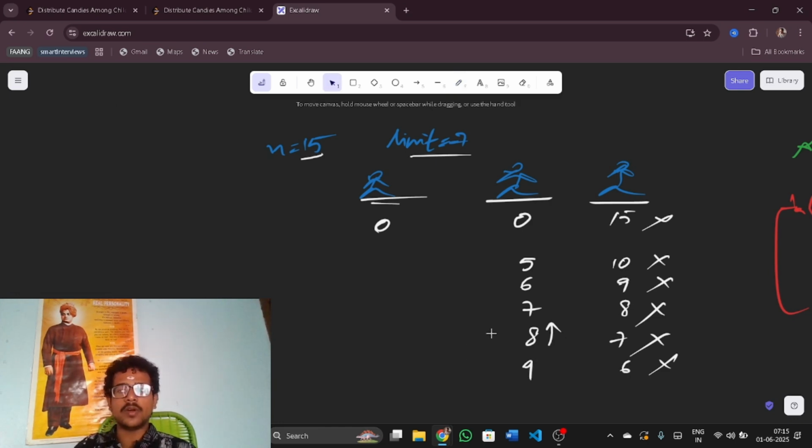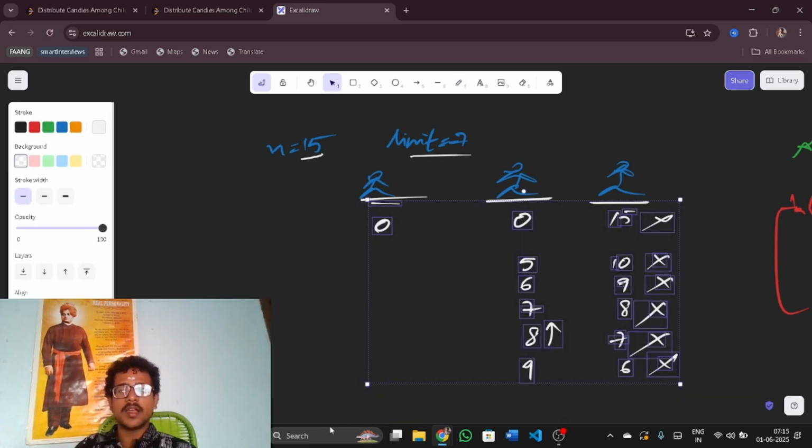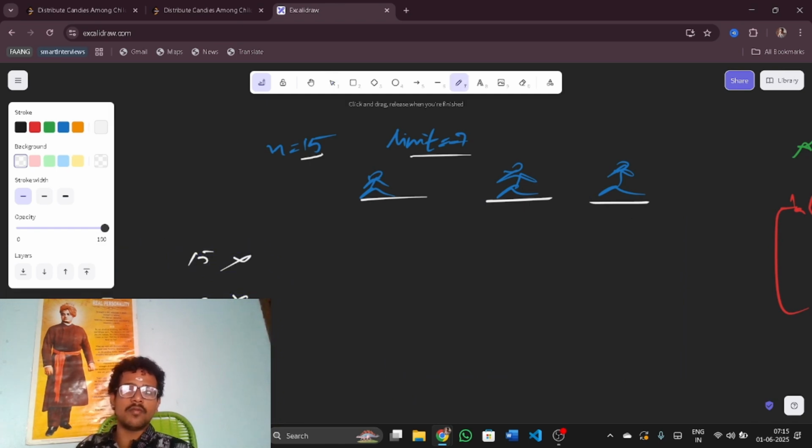Now what I'll do is remove this and start the iteration again with 1. Now if you see, with 1 I have 14 candies remaining. I have given one candy to the first child, so I have 14 candies.